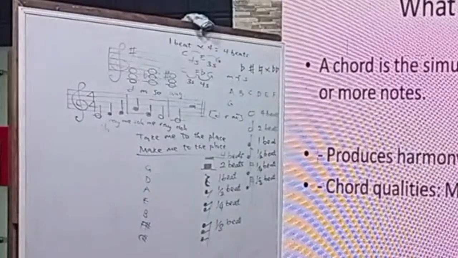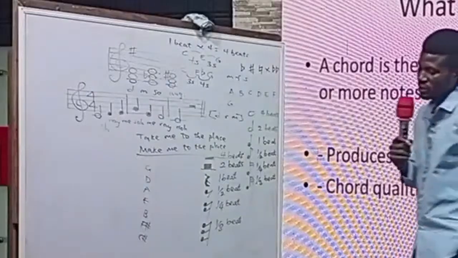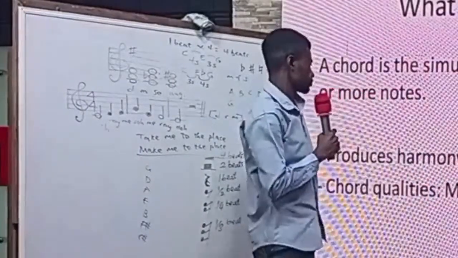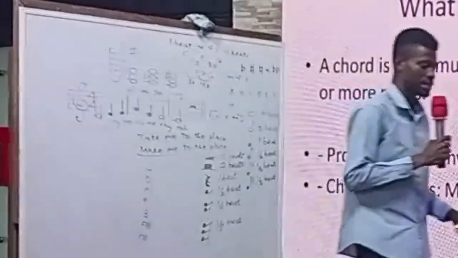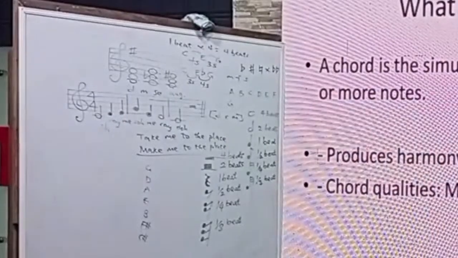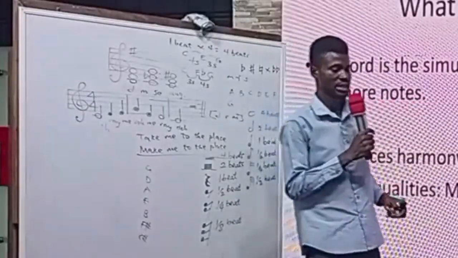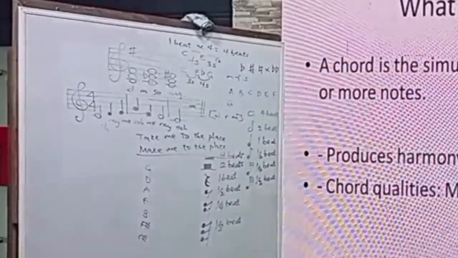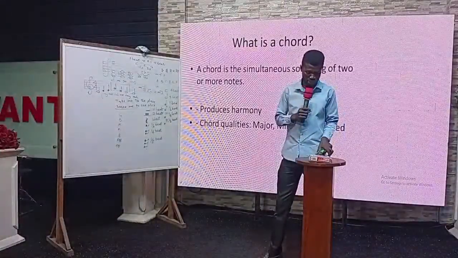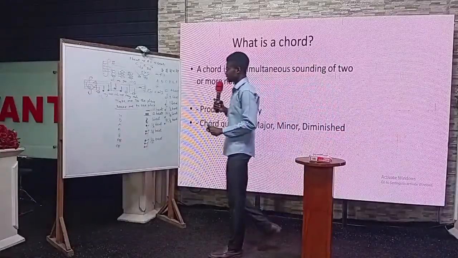So when there are 3 notes that are combined together, we call it a triad. But the general name for a combination of notes that are combined together, either 2, 3, 4, no matter the number, the general name is chord. But when we have 3 specifically, we call it a triad.